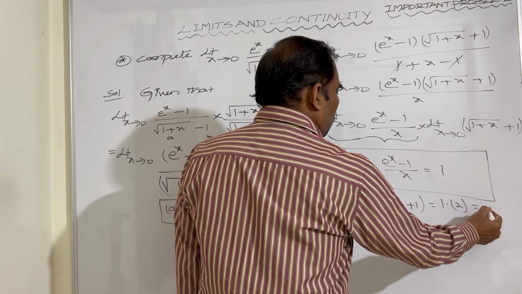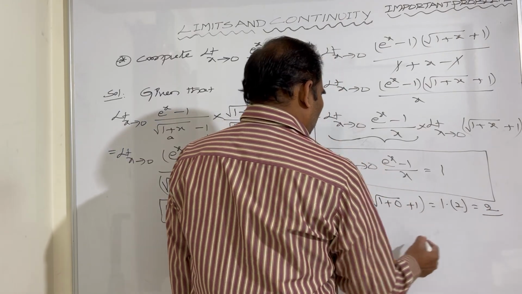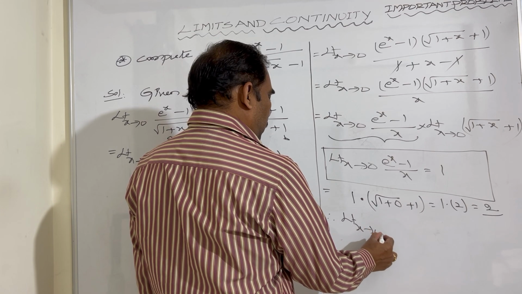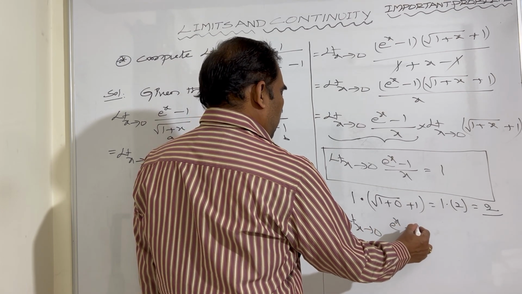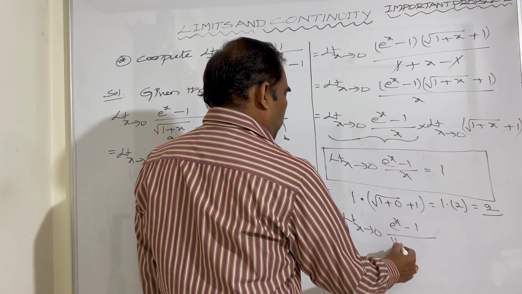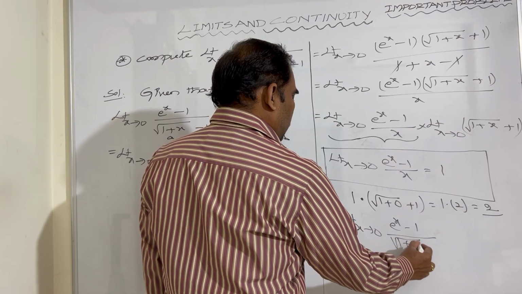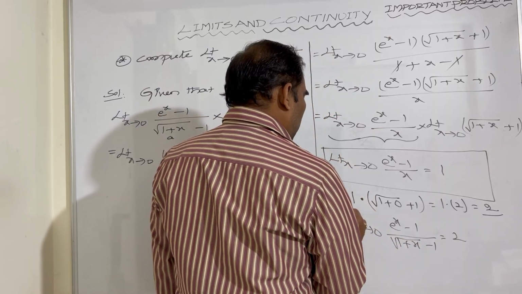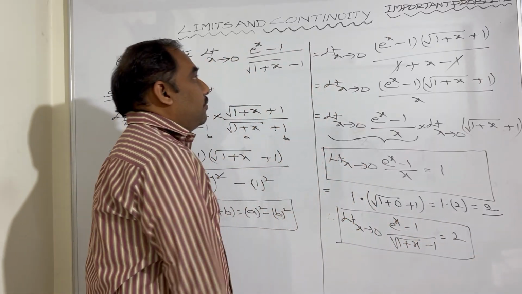So now 1 into 2 is equal to 2. Therefore the limit as x tends to 0 of (e^x − 1) divided by (√(1 + x) − 1) is equal to 2. So like this we can compute the given limit.